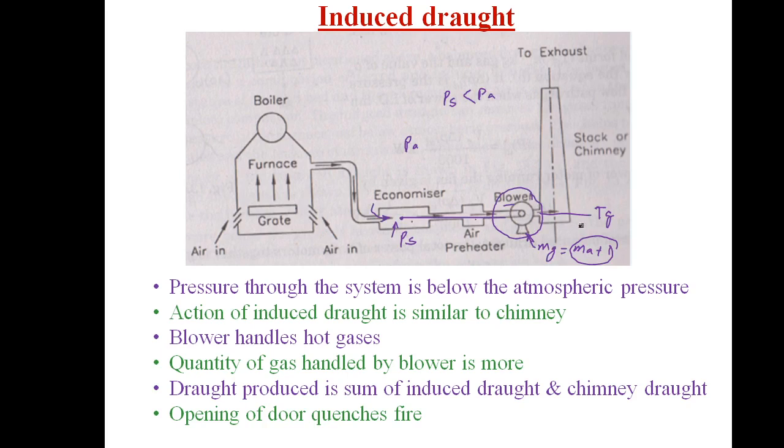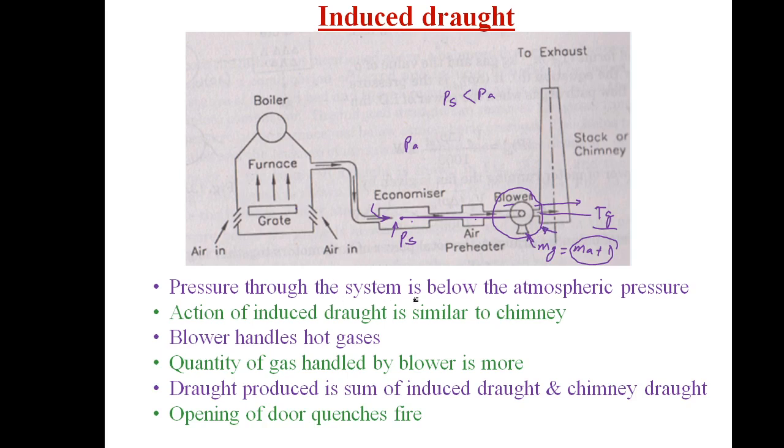Therefore the design of this blower has to be made with caution. The flue gases passing through the blower also contain ash, which affects the blades, so maintenance of the blower becomes difficult and erosion of the blades takes place earlier.